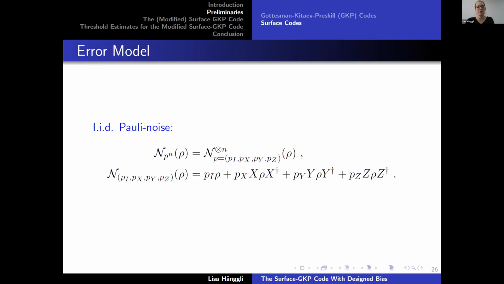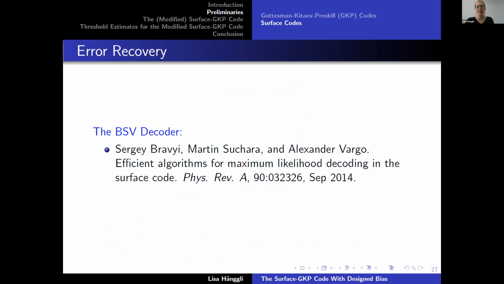So the noise model that we consider here is IID Pauli noise on every qubit. So the noise channel is a tensor product of Pauli noise channels with respect to the probability distribution P for every physical qubit. And now for the error recovery, since the surface code is a stabilizer code, we can proceed here as before for the GKP code by first measuring the syndrome and then applying a unitary correction operation according to the syndrome.